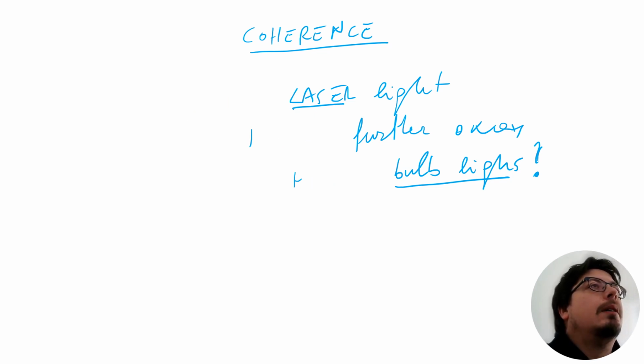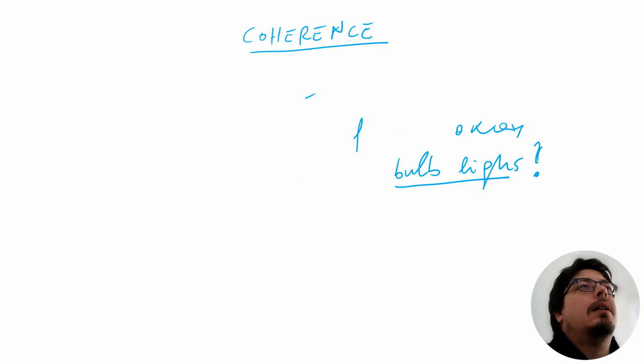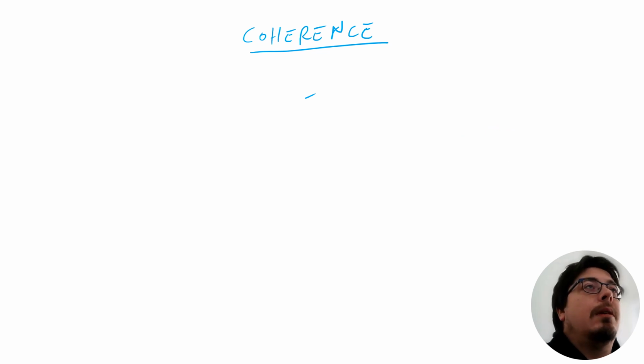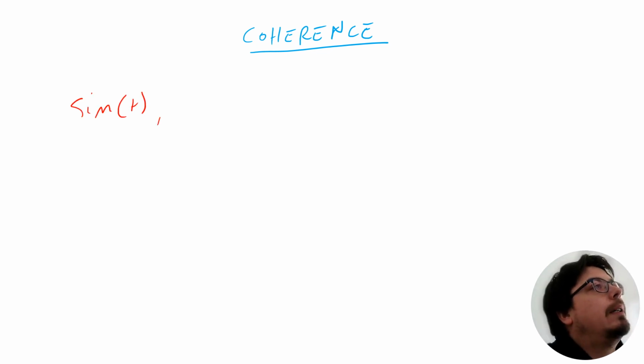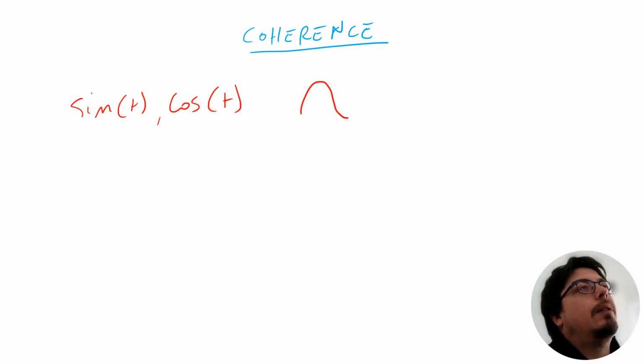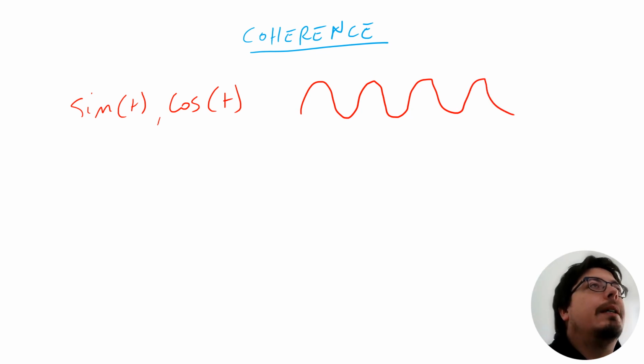So first of all, let's discuss a little bit of what coherence could mean. Coherence, in the way I use it, is when you have two waves. Suppose we know sinusoidal and cosinusoidal waves, which we studied in quite some detail in other videos. It can be a sine or a cosine depending on where you put the initial condition.